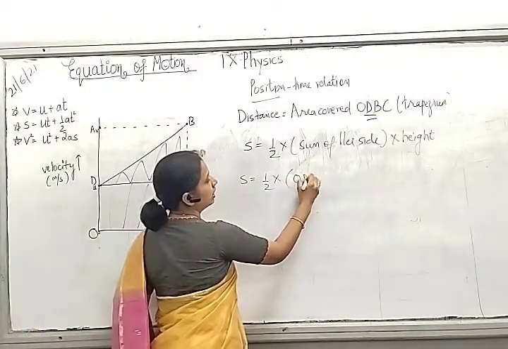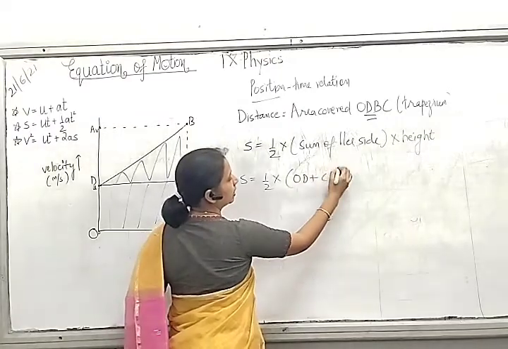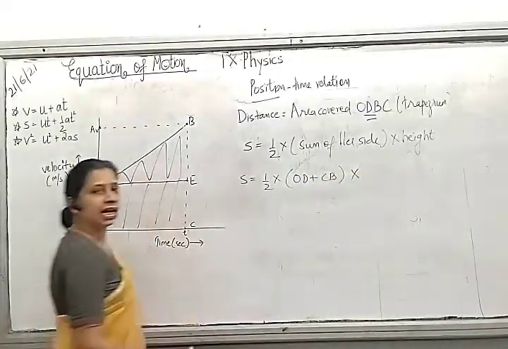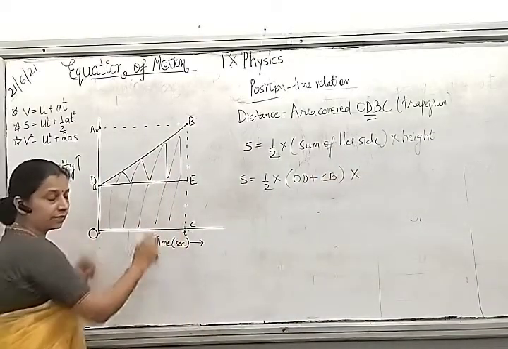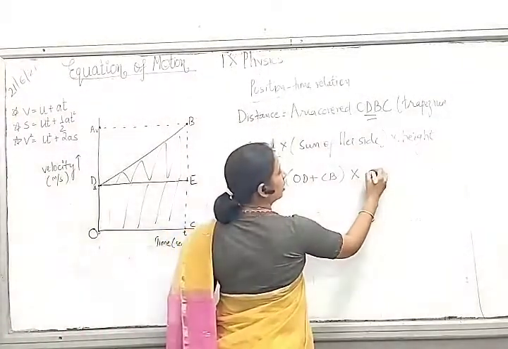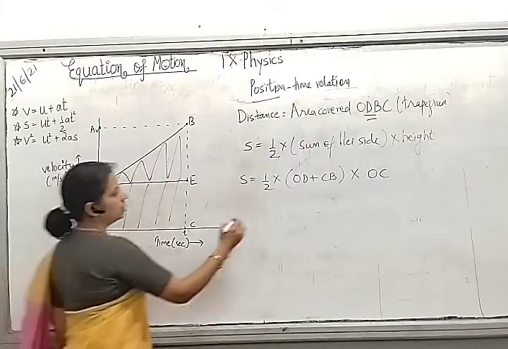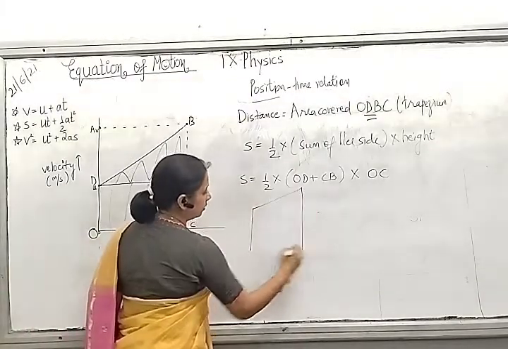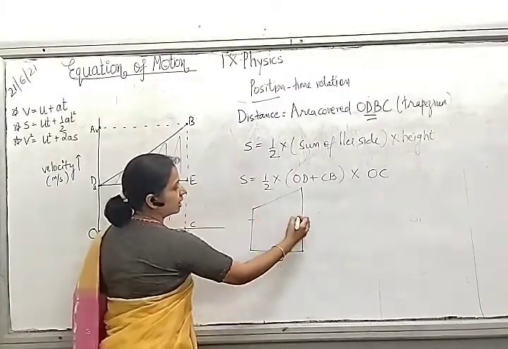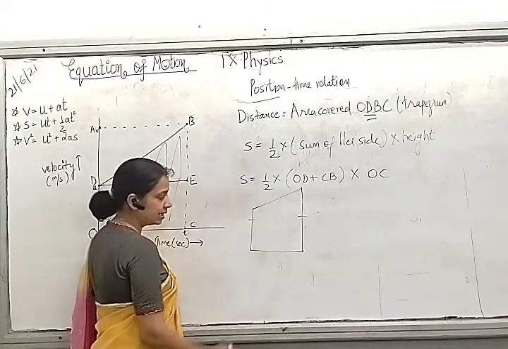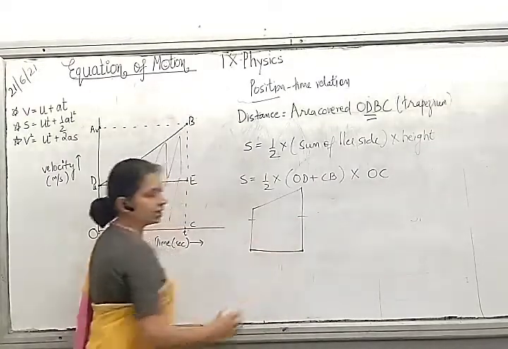So OD plus CB. And the height is OC, so I will write OC here. So this is your trapezium. You know this is the trapezium, these are the parallel sides, and this is the height.